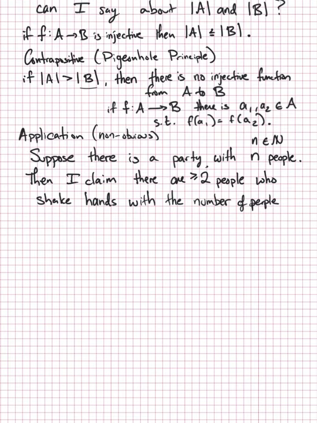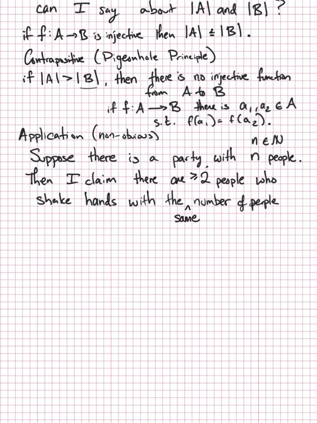You have n people around. They're all shaking hands with one another. In fact, what could happen is that no one shakes hands with anybody. Well, then everyone has shaken hands with 0 people. That's fine, and this is still true. But once people start shaking hands, it's going to turn out that there will always be at least 2 people who shake hands with the same number of people.